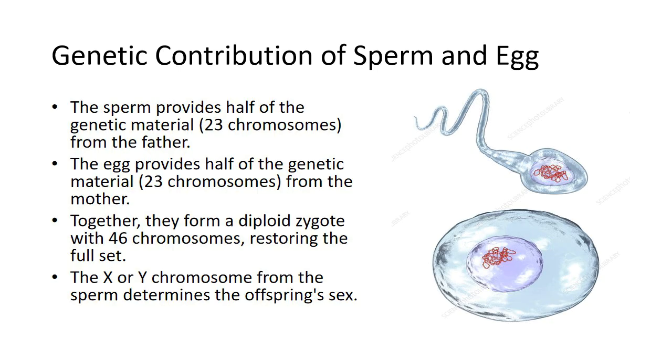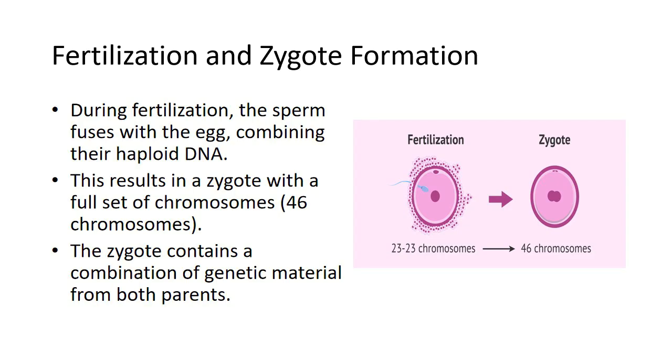While the egg contributes its genetic material, the mitochondrial DNA is almost exclusively inherited from the mother, as the mitochondria in the sperm tail are discarded after fertilization. The egg carries the X chromosome that will combine with the X or Y chromosome from the sperm to determine the offspring's sex.